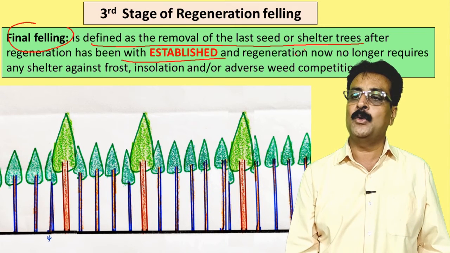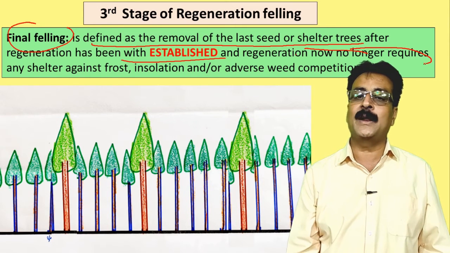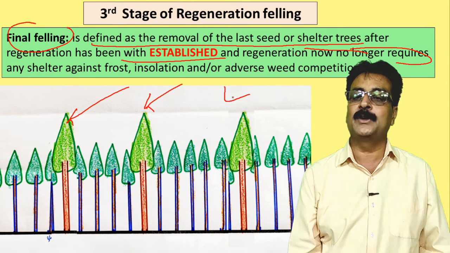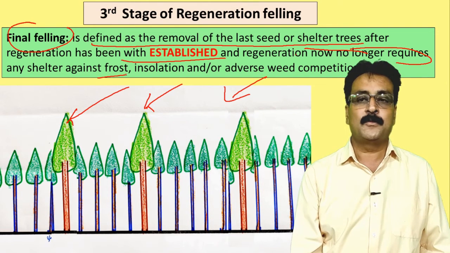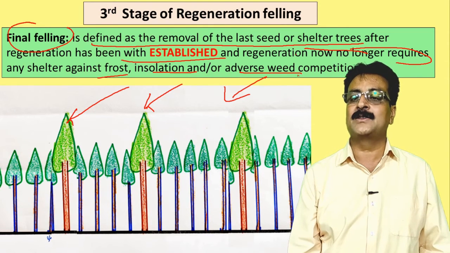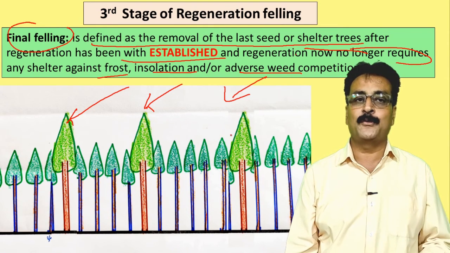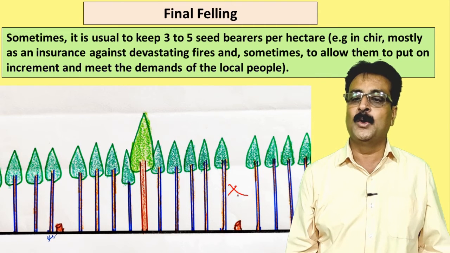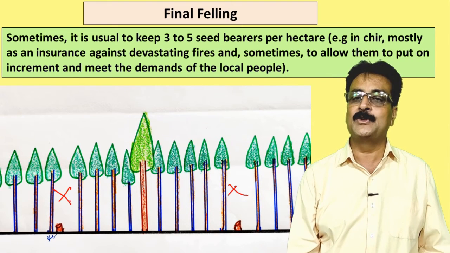Now that regeneration is established, you no longer require any shelter wood against frost, insolation or adverse weed competition. You are fully satisfied that your crop is well developed, so you remove those last trees also.